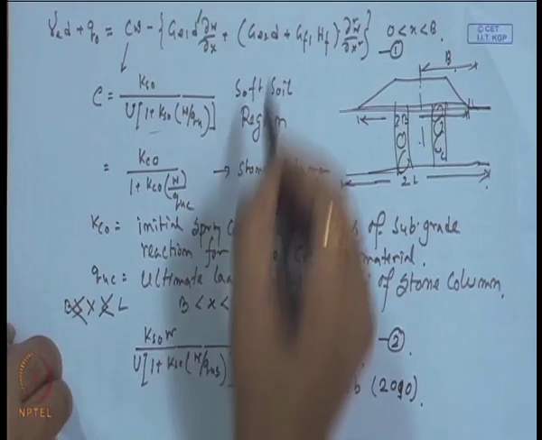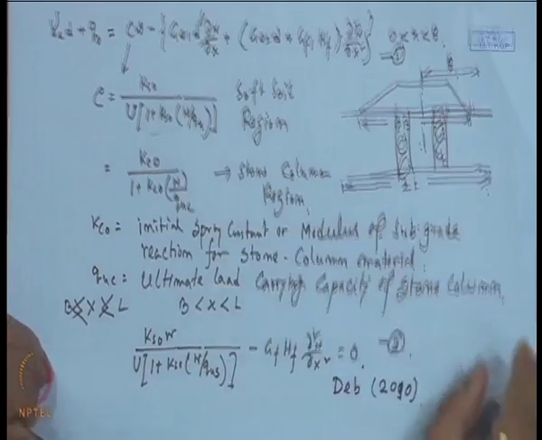Now we have to put in the d value, because d varies from place to place, and d dash also. D dash is the rate of change of the depth, and d is the depth of the embankment at any condition.